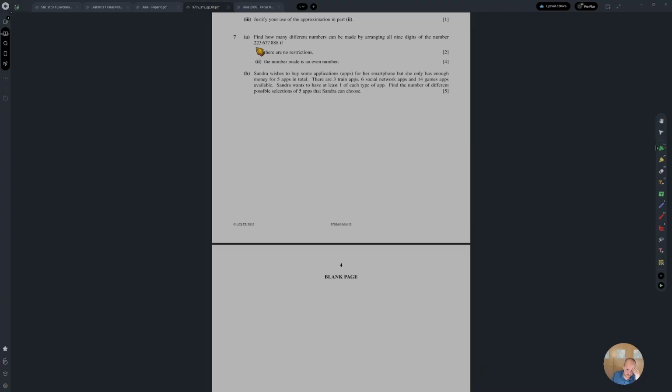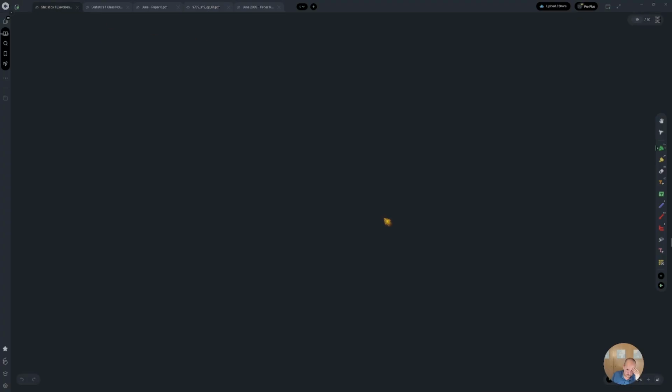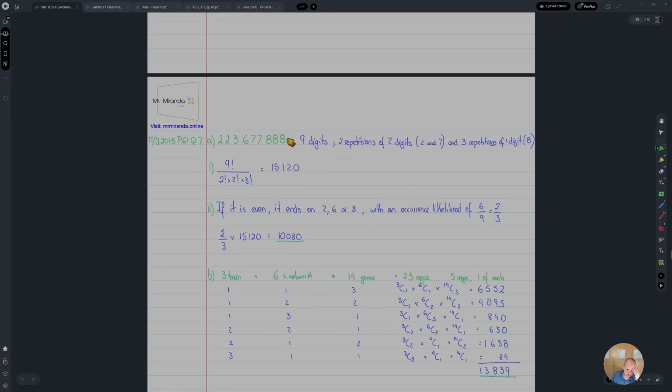Instead of letters, you have numbers, okay? If you look at it, you have 9 digits. You have 2 repetitions of the digits, that's the 2s and the 7s, and you have 3 repetitions of 1 digit, that's the 8. So you must apply the rules that you've learned for words here.